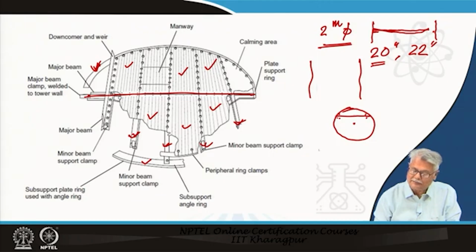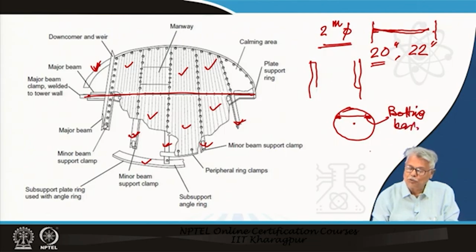So, what is done? You have a bar welded here, which is called a bolting bar. In fact, there are two bolting bars at the two ends of the downcomer, and your downcomer below the deck is bolted here.